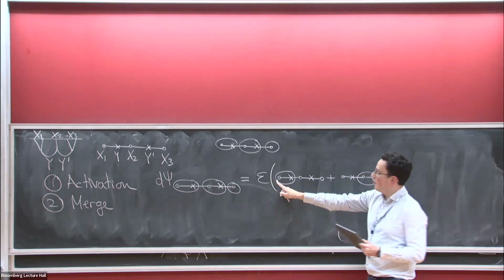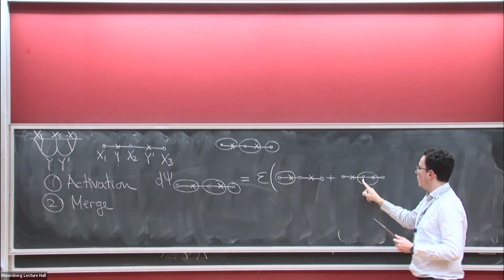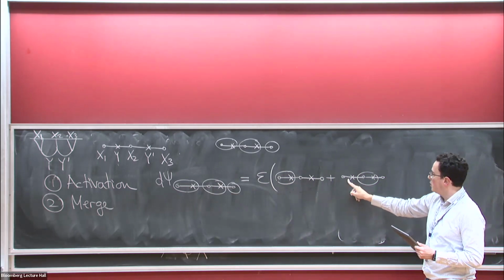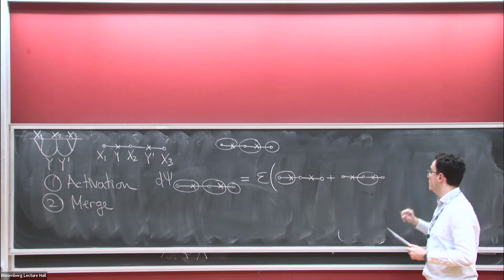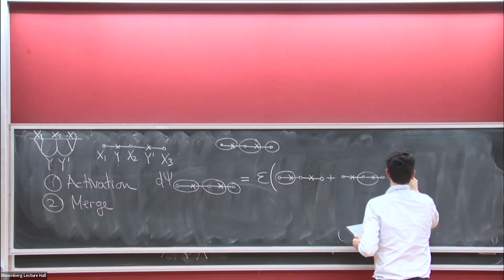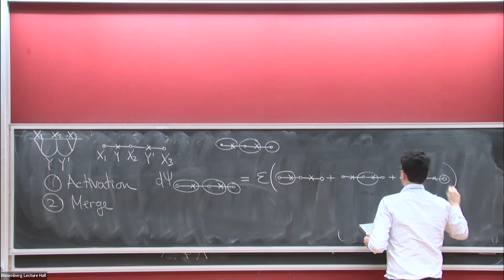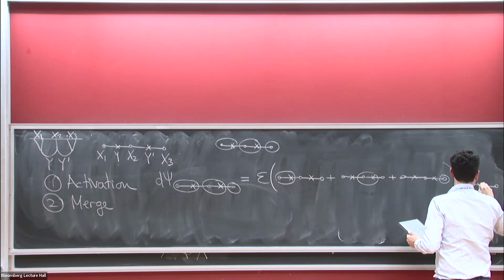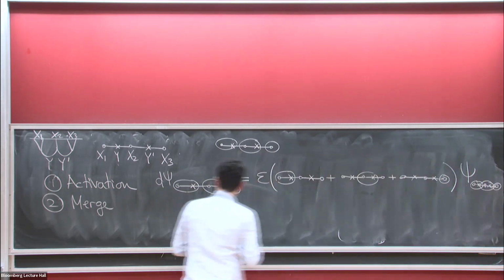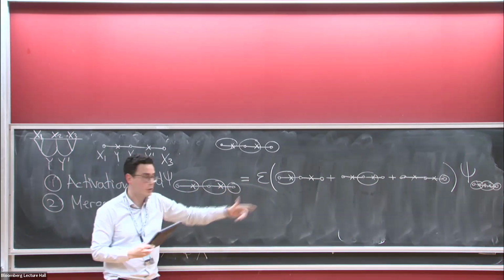So this is d log of x1 plus y, x1 minus y. This is d log of x2 plus y minus y prime. So you always take the y's that enter a vertex, times the original psi itself. But now you see these two tubes here have crosses, so they're allowed to merge.